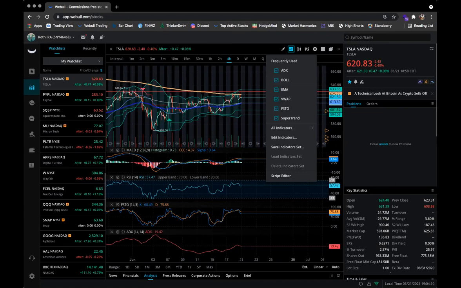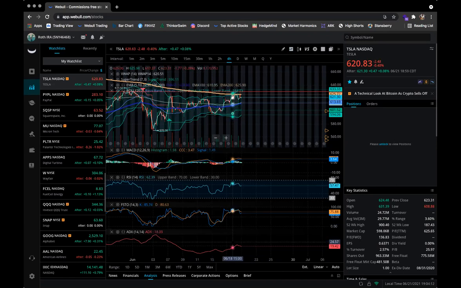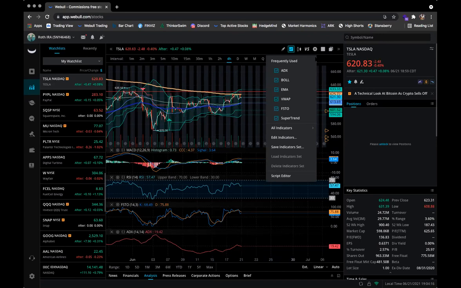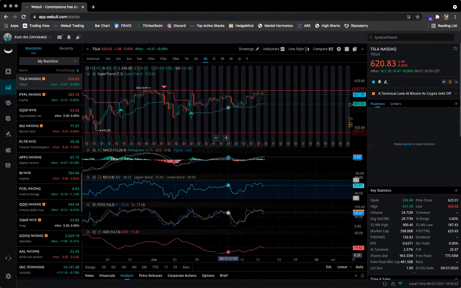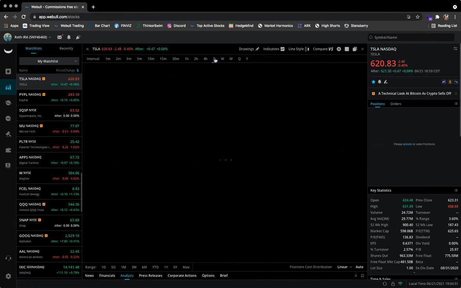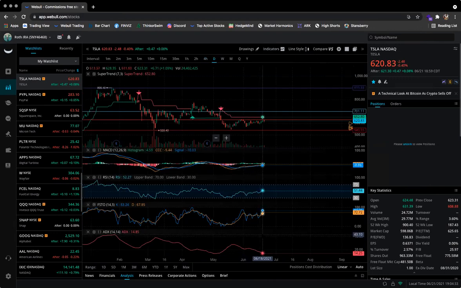So ADX is another one. Just to give you a quick rundown of ADX, let me get some of these off of my screen so you can get a clear view of what's going on. ADX is not a direction by any means, okay? This is the strength of the current trend. So if you're looking at something and you're trying to figure out the strength of what's going on, this will tell you, hey, whatever trend is going on is getting weak.